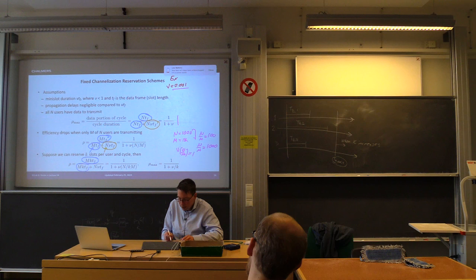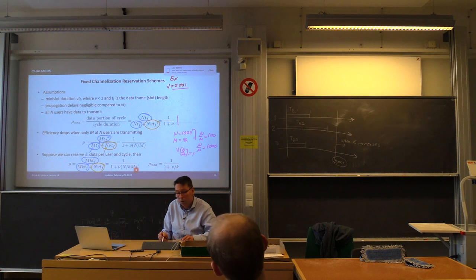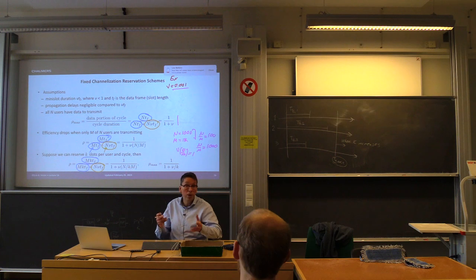That blue part we see down here, and then the reservation interval is the same. It is still n times nu times tf. And if we do some calculations, we see that the result is 1 over 1 plus nu n divided by k times m. So by making k large, we can compensate for the low activity level of the users. Right. So this is one way to counteract that.